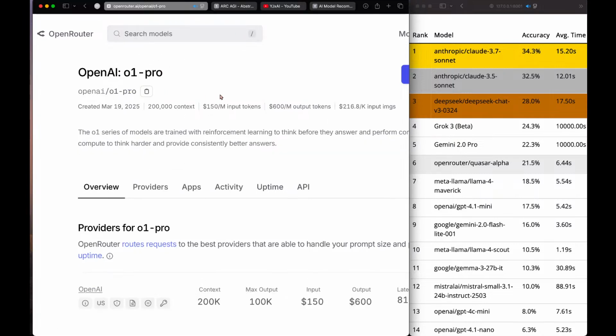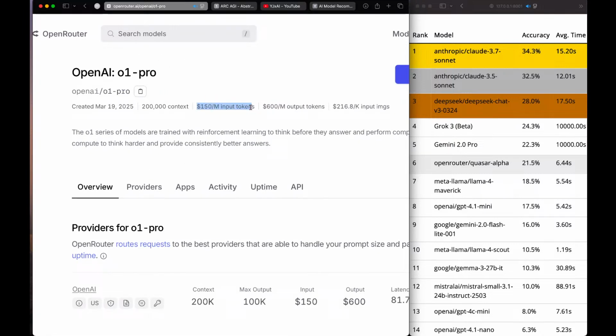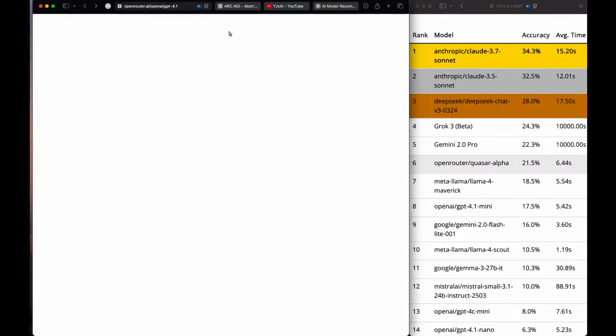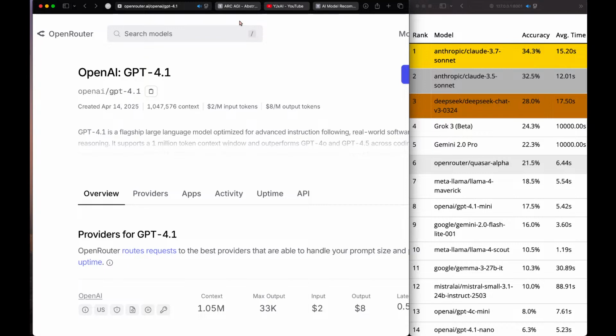Just look at this pricing. $150 for input tokens and $600 for output tokens. That's astronomical pricing.